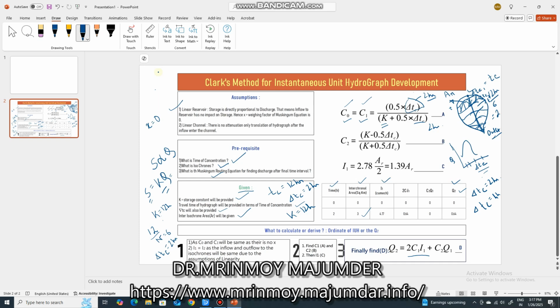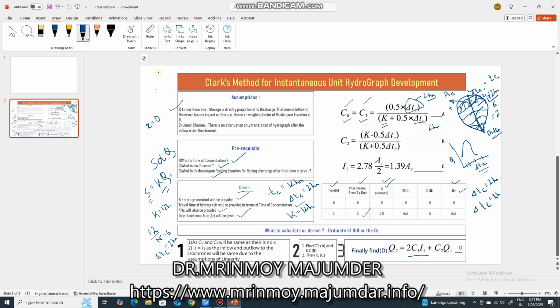I1 is equal to 2.78 multiplied by half of the inter-isochronal area of that time scale. That means from 0 to 2, the inter-isochronal area is 3, divided by 2 that is 1.5, multiplied by 2.78. That will give you the I1.